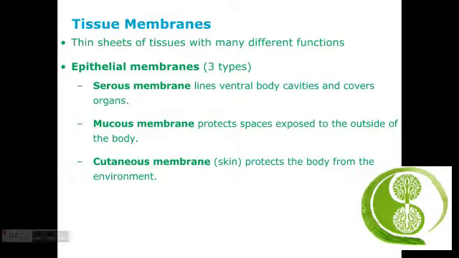They serve as an anchor for the organs, keeping them in place so your organs aren't just randomly floating around within us. They act as a partition between structures, so they separate our different bodily cavities. They serve as a lining for tubes or cavities in the body, and they reduce friction between structures.